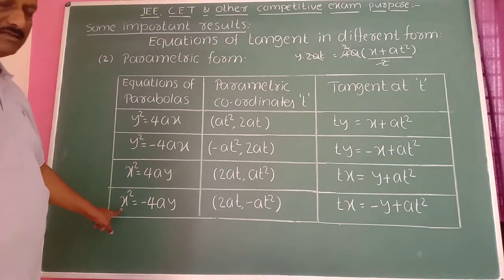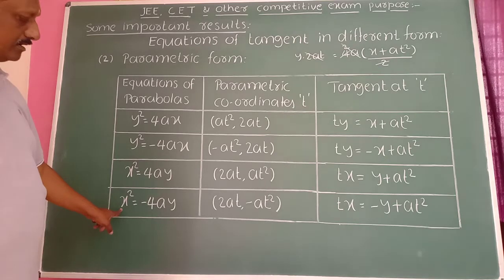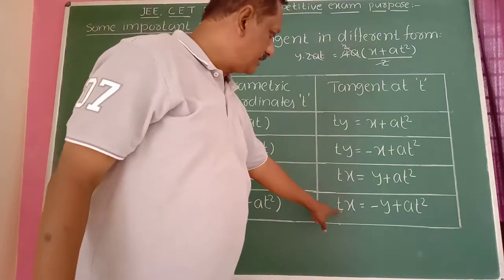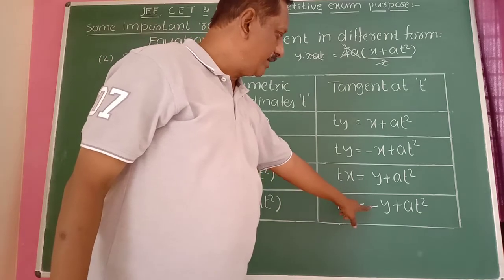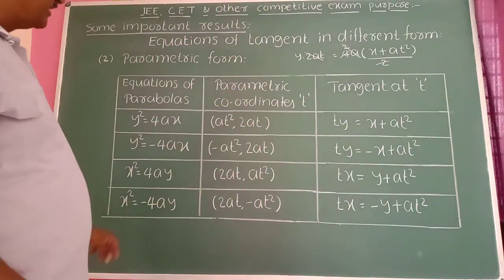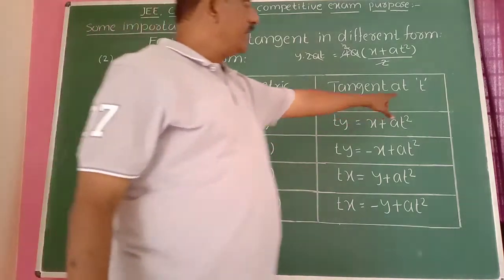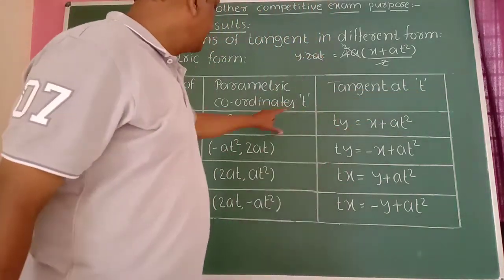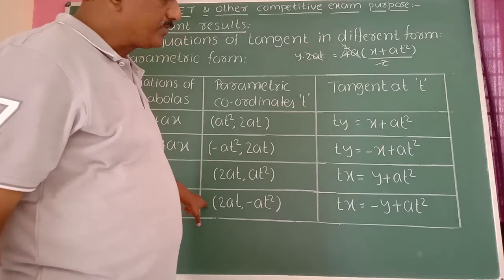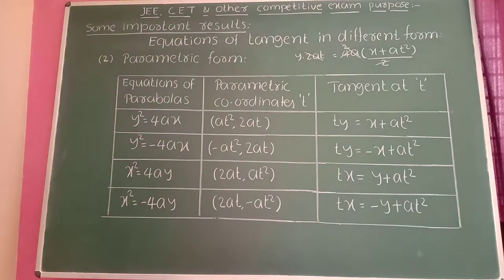Equation of a parabola x square equal to minus 4ay at the point t is tx is equal to minus (y plus at square) here. These are equations of tangent to these parabolas at the point t. At the point t means these are the coordinates of the point here. Okay, parametric coordinates here.